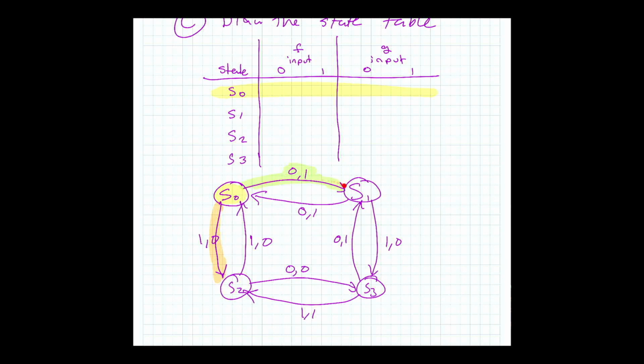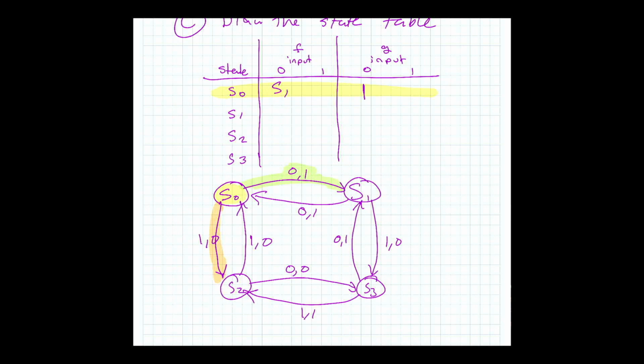So they're easy to see what happens, right? This one is S0 to S1, and that's when the input is 0. So this is input 0, and this is where you write the next state. So this is S0 to S1, so right here we should put an S1. And then at the same time, you got to fill out here because this is also input 0. So there's 2 places corresponding to input 0. So this is input output. The input is 0 and the output is 1.